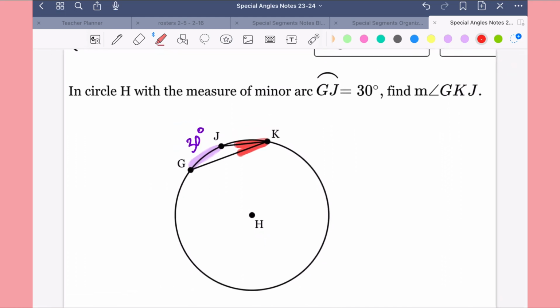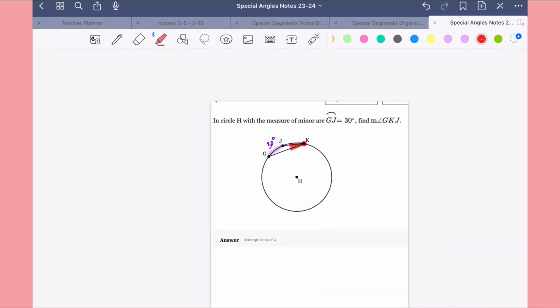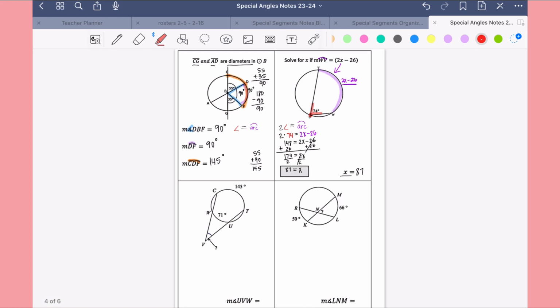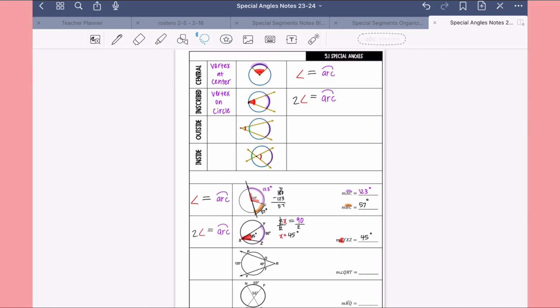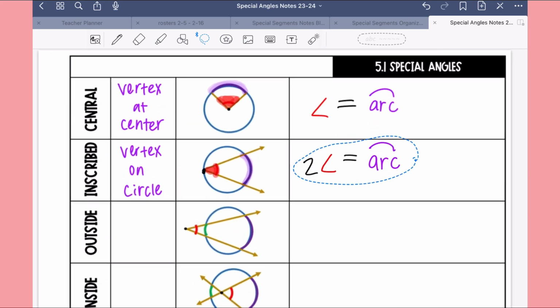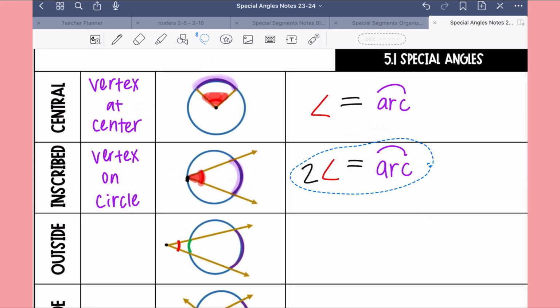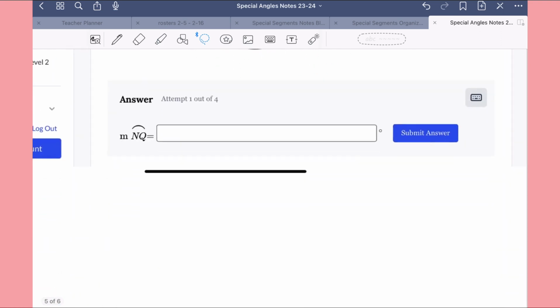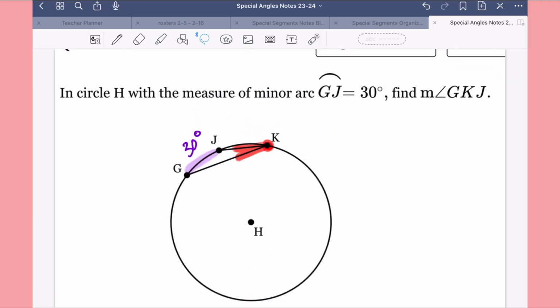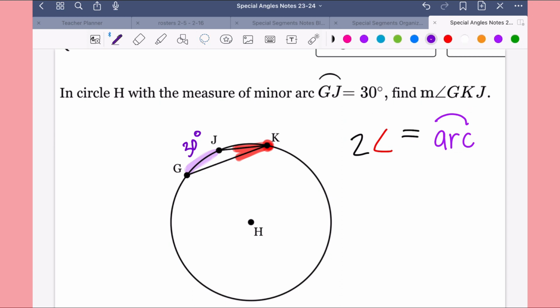All right, so we learned that when your angle is on the circle, see how it's on the circle at K, then my formula is 2 times your angle equals your arc, when the vertex is on the circle. So let's go back. All right, so I'm going to follow it like a recipe. 2 times your angle.